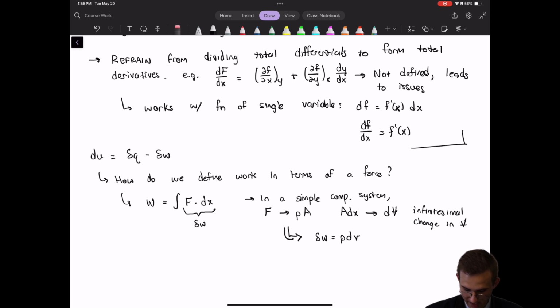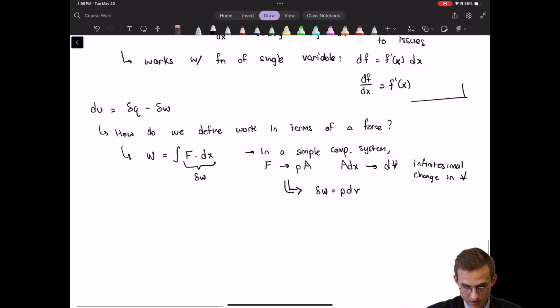Because we're looking at F dot dx, the F is P times A, and A times dx is just dV. So now we've replaced the delta W for the case of a simple compressible system with P dV, which is nice. So now that leads us to du equals delta Q minus P dV.